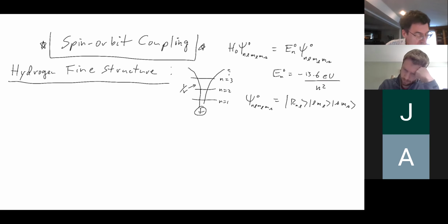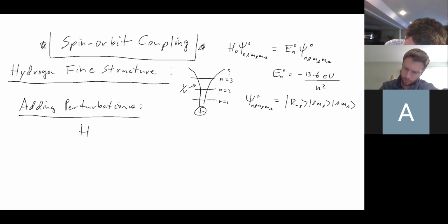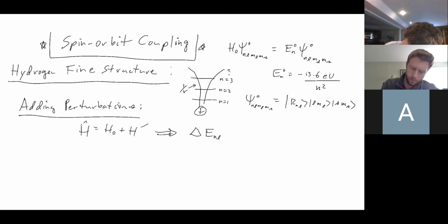And so what we're doing is we're now adding perturbations, so that the new Hamiltonian is equal to the original Hamiltonian plus some perturbation. And then we're looking to see what is the change in energy for all the eigenstates.